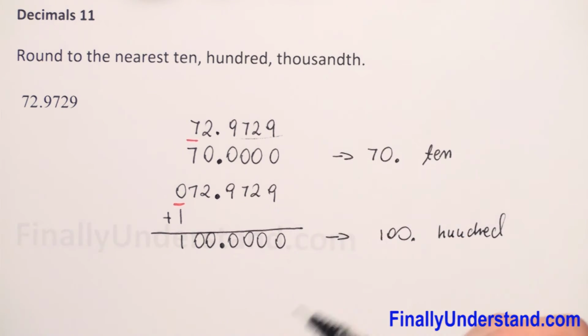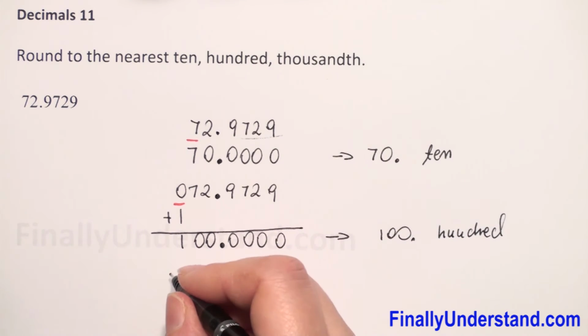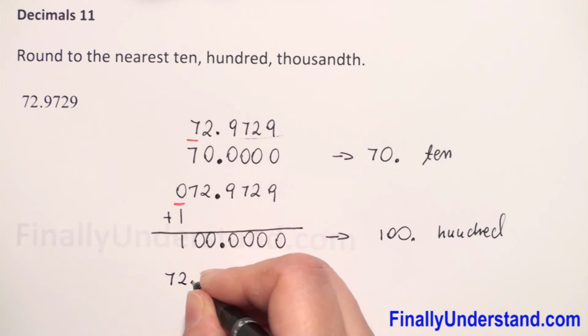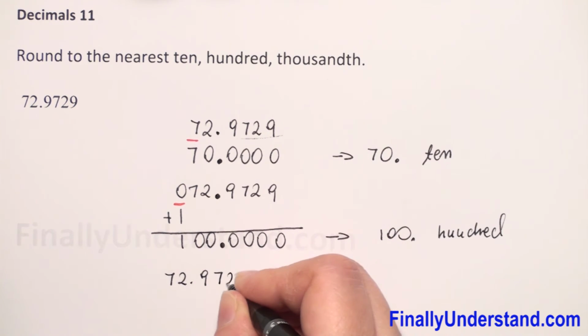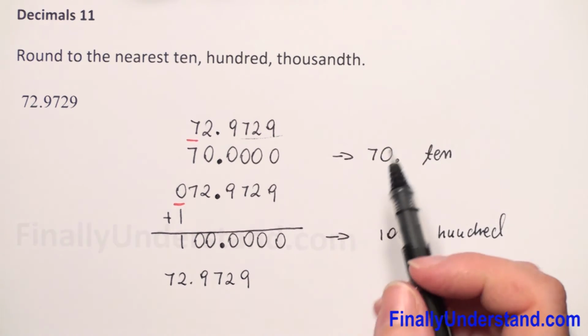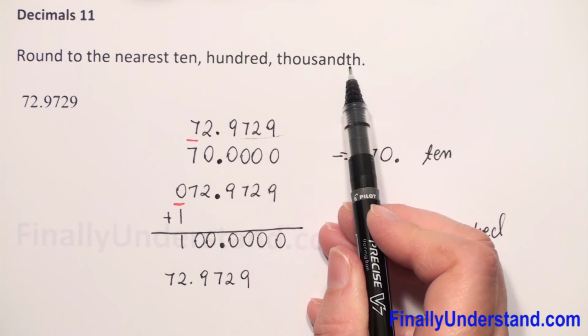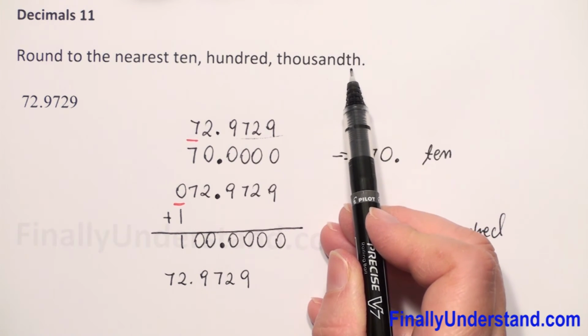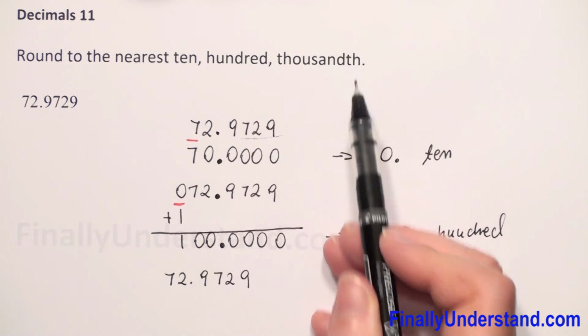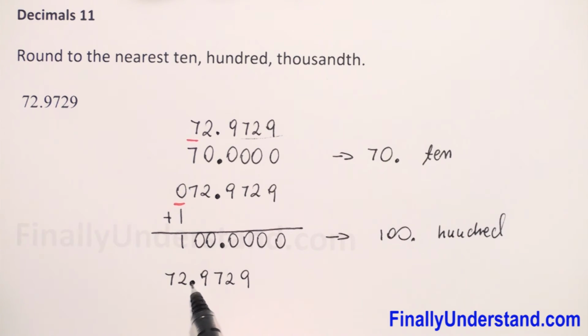And the last rounding, we have to copy one more time our example, 72.9729. We need to find thousandth. We have TH at the end. It means we have to move to the right from the decimal point. When we move to the right from the decimal point, each position is 10 times smaller.